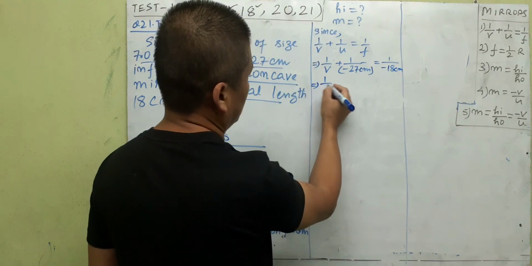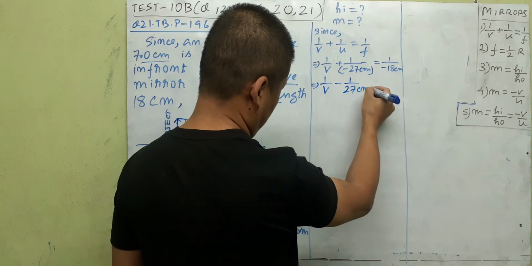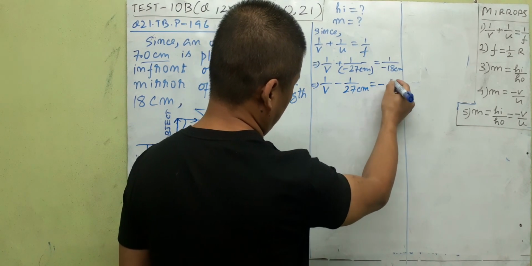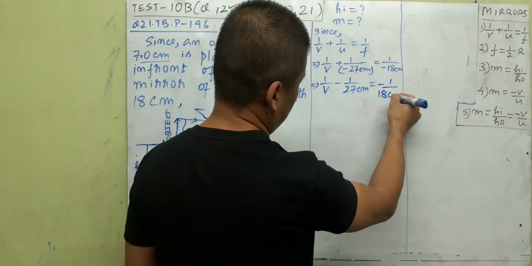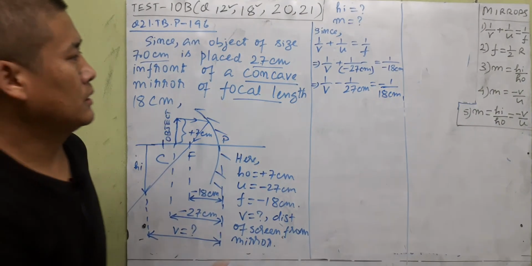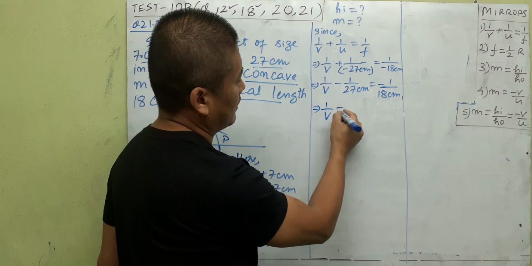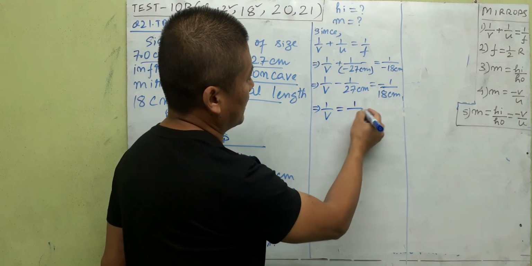So we can convert this: 1 by V plus, minus 1 by 27 centimeter is equal to minus 1 by 18 centimeter. Then take the term containing V, 1 by V, alone on one side, shifting this one to the right side to become plus 1 by 27.